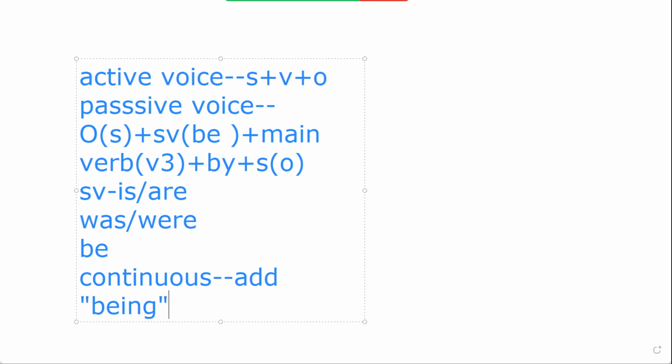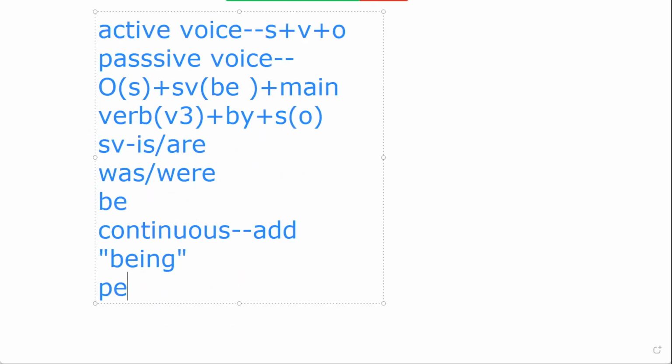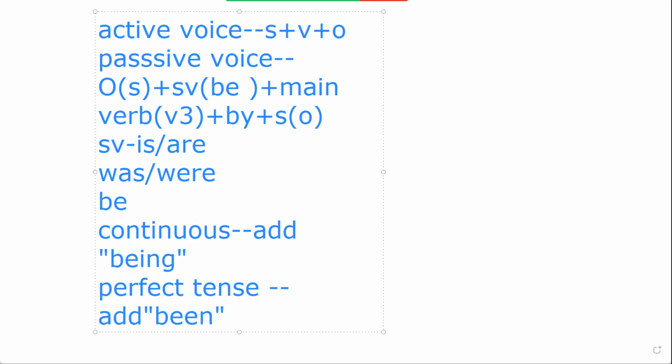B-E-I-N-G. Being is also again from which family? B family. And if it is a perfect tense, then you have to add one extra verb that is called be. Being.